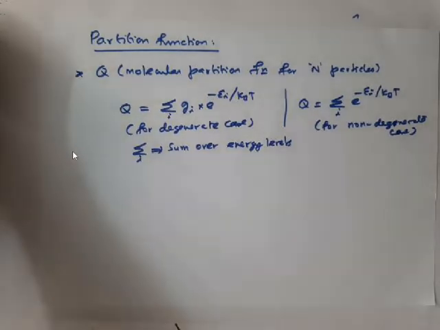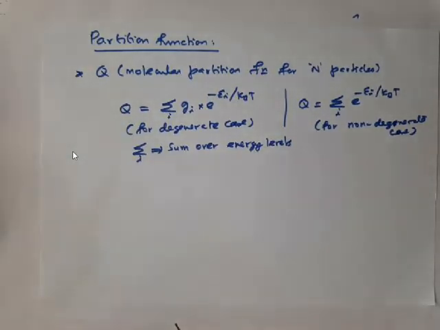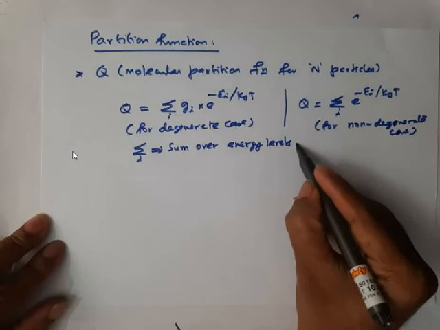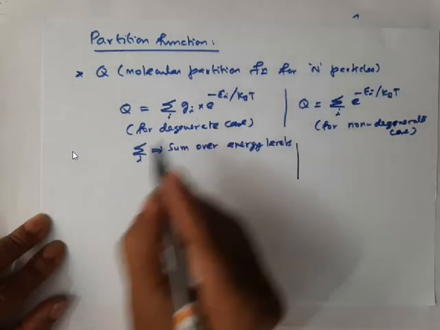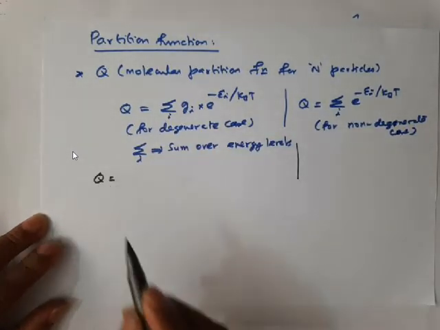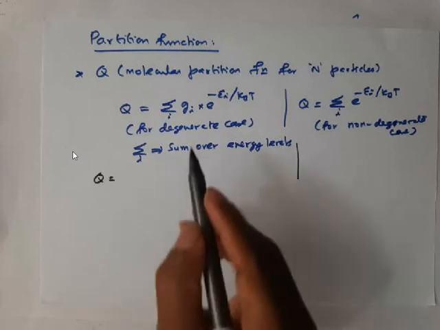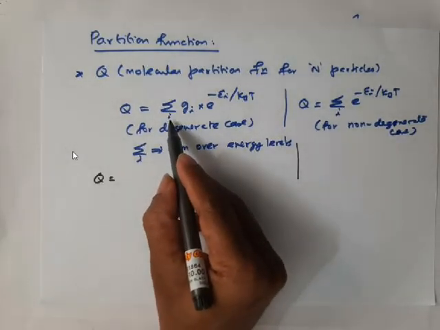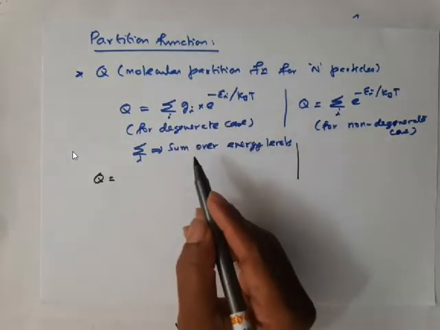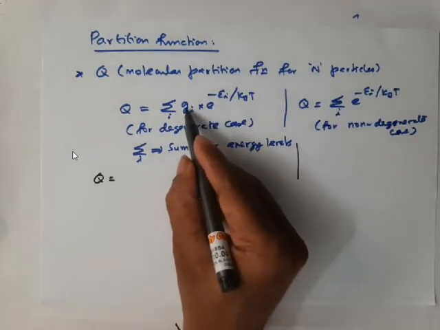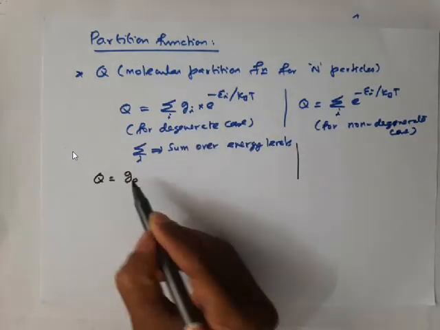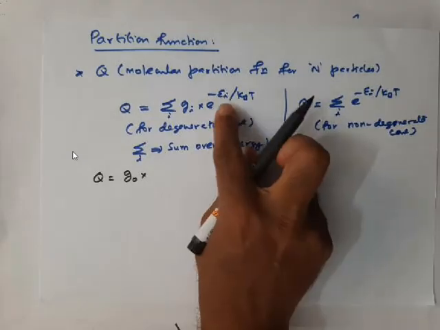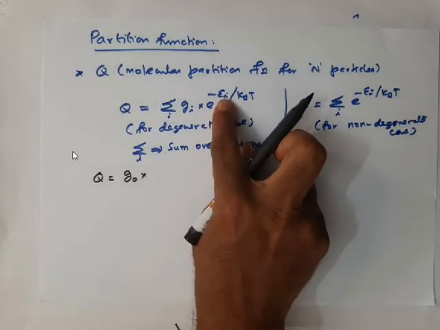Now, before going further, let me give some information here. If you expand this summation, you will get Q is equal to, first if i equal to 0. i equal to 0 means ground state. If i equal to 0, I will get degeneracy as g0 into e power minus E0 by kBT, but you know very well E0 is 0.